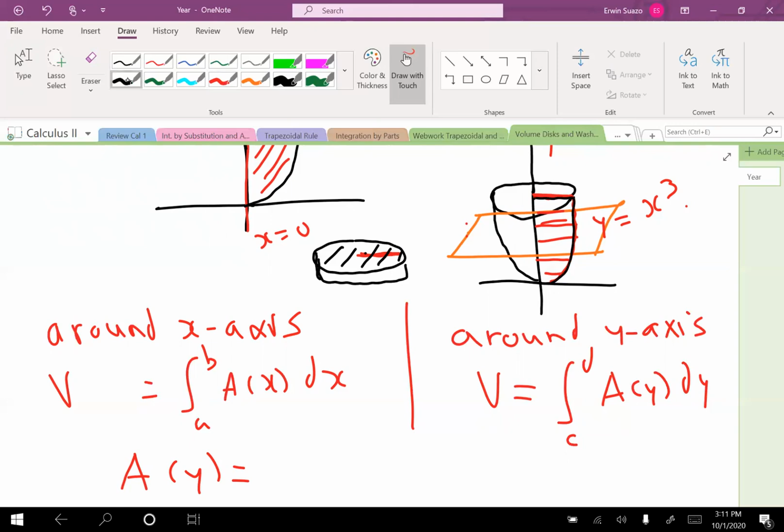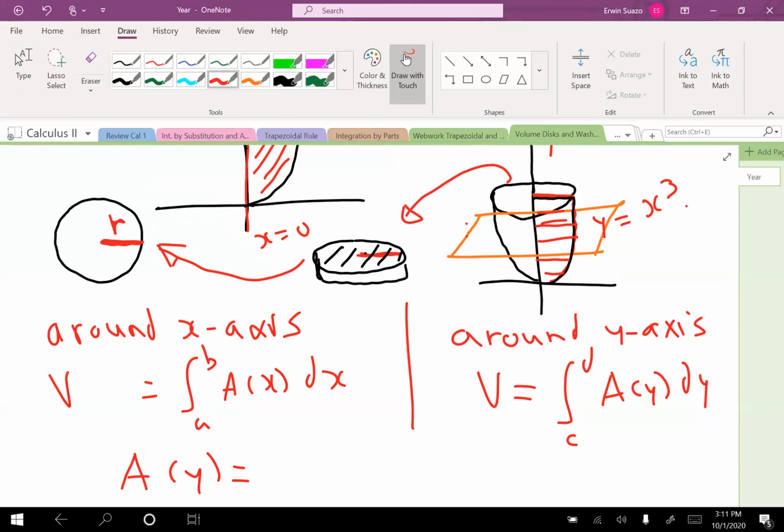The face is going to be something like this. Okay, so this guy is this guy, and this is the radius. That's my radius.